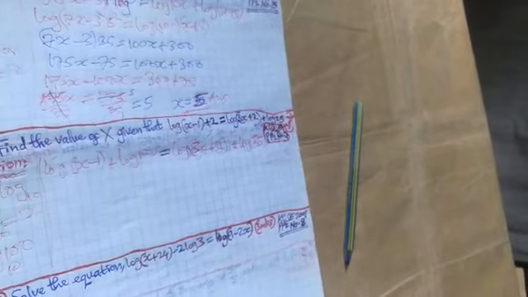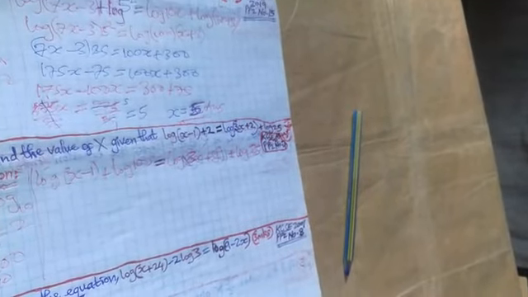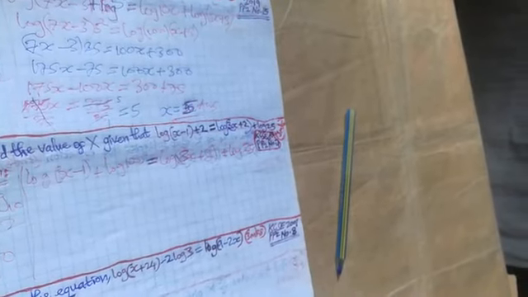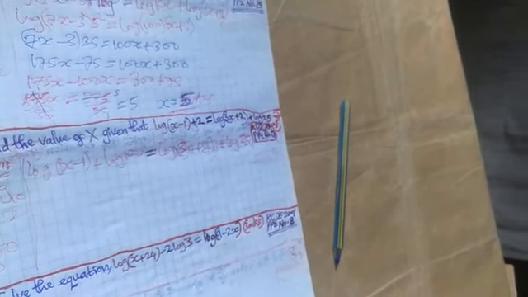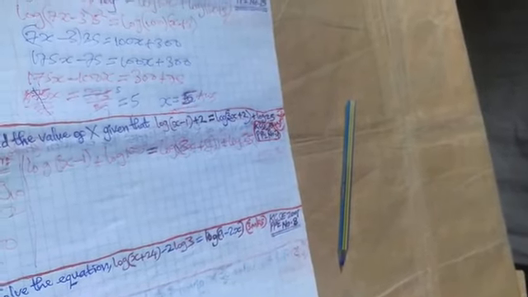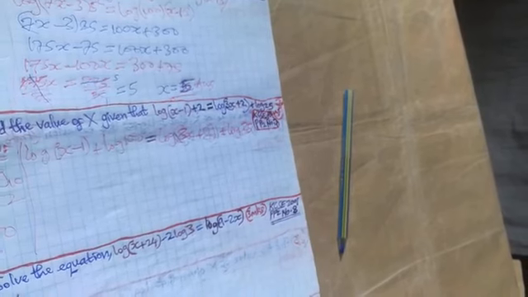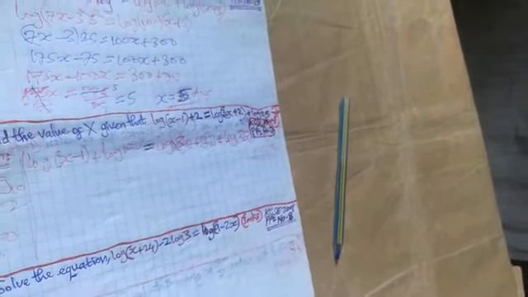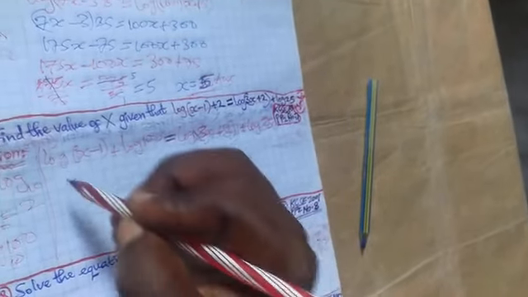Don't cross multiply the equal sign at this stage because x is in both sides. It's logarithm rules.